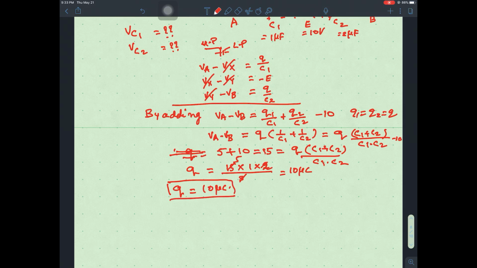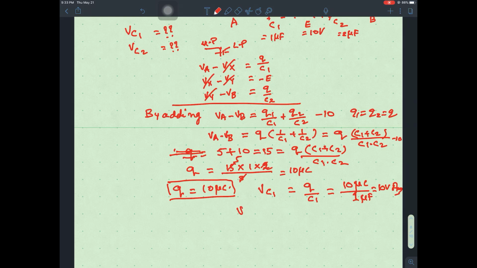Now the problem becomes simpler. Vc1 equals Q by C1, that is 10 microcoulomb by 1 microfarad, that is 10 volt. This is the first answer.